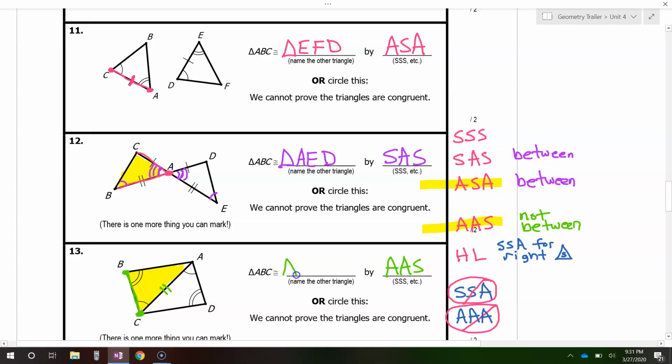Now, be careful. Triangle ABC is congruent to triangle what? Notice that the yellow triangle and the white triangle are not mirror images of each other. They are backwards. Do you see that on the yellow triangle, the single mark is at C? But for the white triangle, the single mark is at A. That means that angle A of the yellow triangle actually corresponds with angle C of the white triangle.